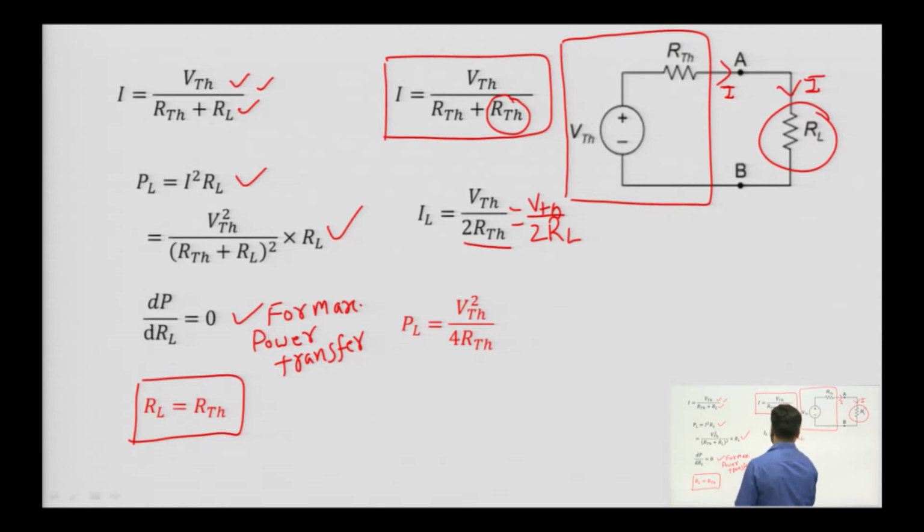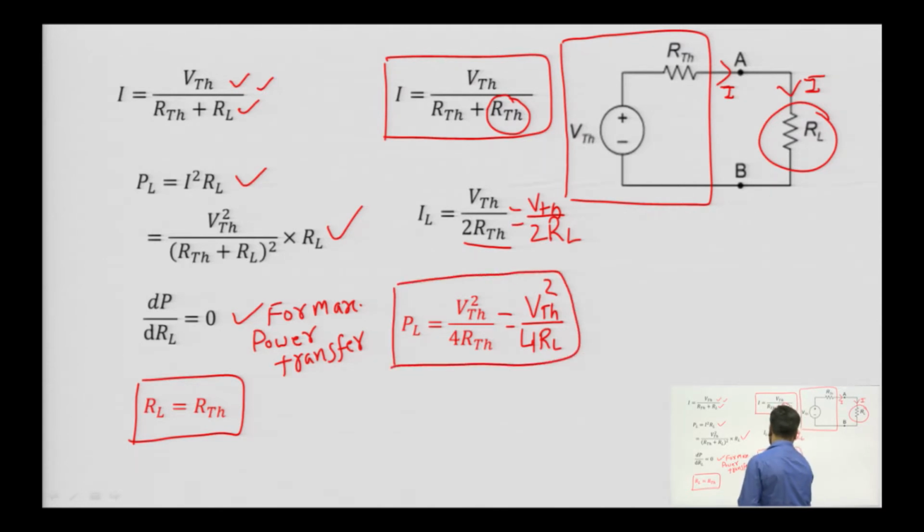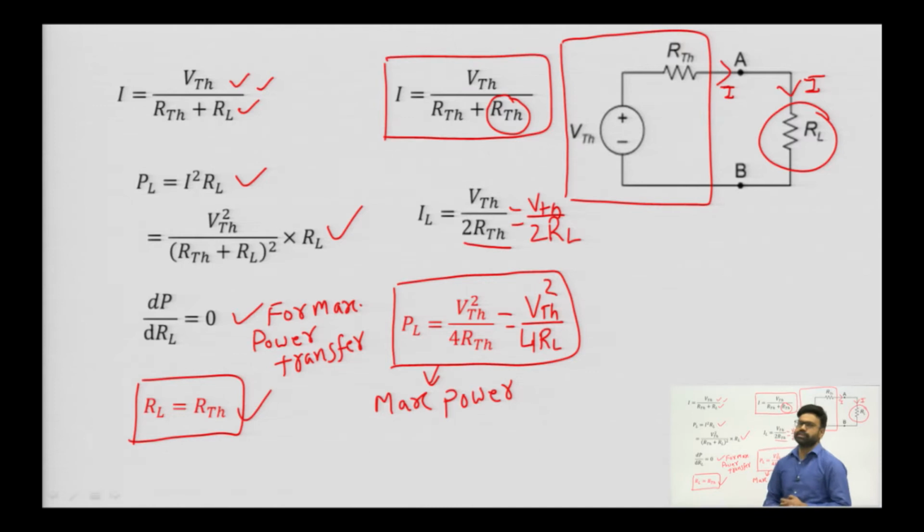The power at the load will be equal to VTH square upon 4 RTH, or we can write it as VTH square divided by 4 RL. This is the maximum power which will be transferred to the load, and it will be transferred only when RL is equal to RTH. This is our maximum power transfer theorem.